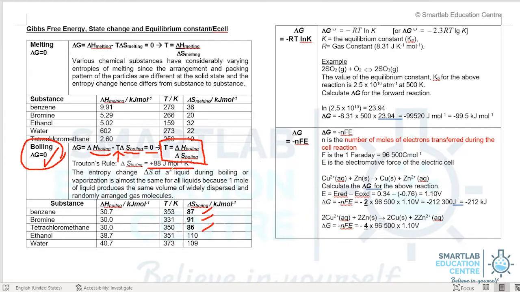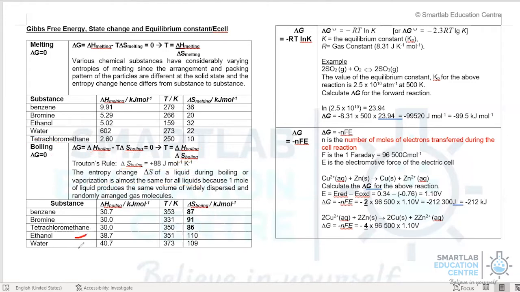The reason is because the entropy change of a liquid during boiling or vaporization is more or less about the same for all liquids, regardless of the type of compounds, as the liquid molecules will move as far apart from each other as possible and break away to occupy whatever volume or vessel that is available. That explains why the entropy change of boiling is a constant value of about plus 88 joules per mole per Kelvin.